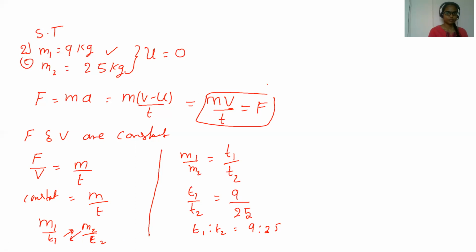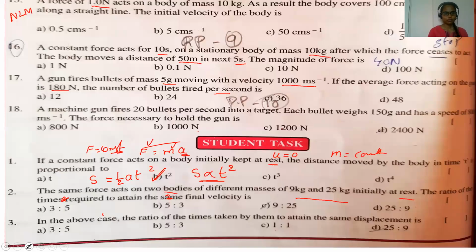Option C. In the same screen, shall I take the next problem? I'll just read the problem. Next question: in the above case, the ratio of time taken by them to attain the same displacement. It is the same problem.